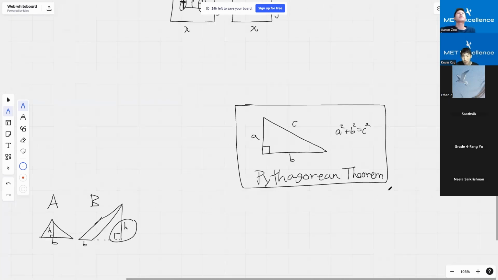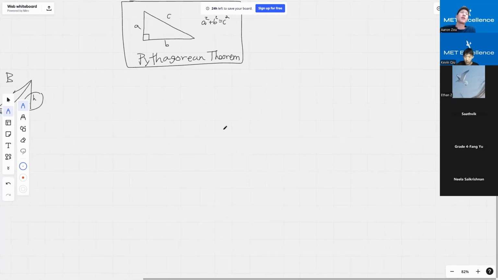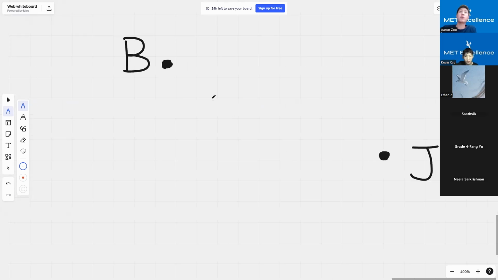Okay. So something that's also important with the Pythagorean theorem is finding the distance between 2 points. Maybe you already know this, but let's say I have Bobby standing right here, and let's say Joel is standing over here, and we want to find how far apart they are, but we aren't given the distance.